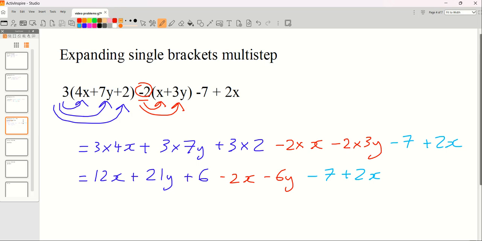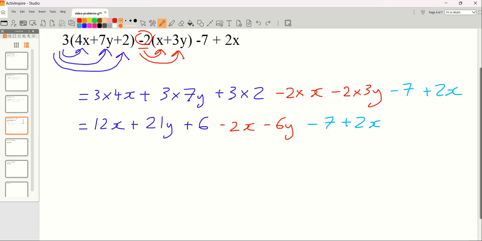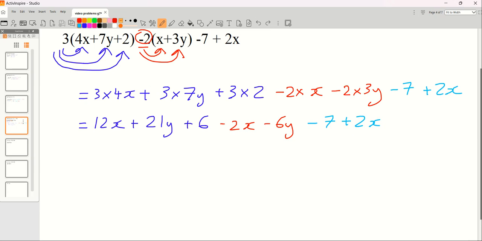Now, as a recommendation, if you notice here, we have many terms of similar type. The first thing I'm going to do is highlight the terms which are like. So 12x, minus 2x and 2x are all like terms, as well as 21y and minus 6y are like terms, and 6 and minus 7 are like terms.